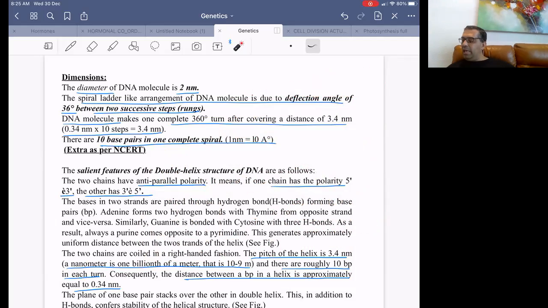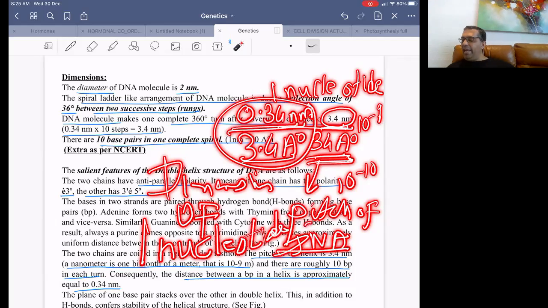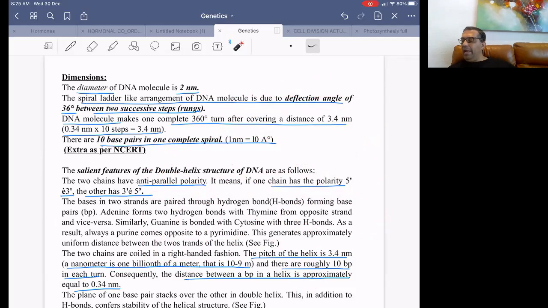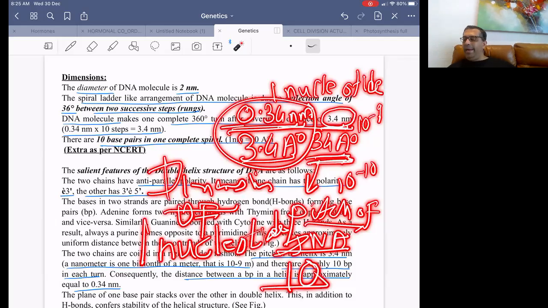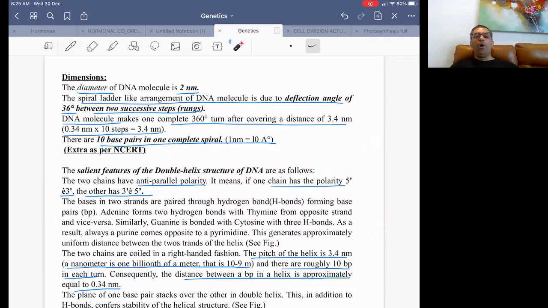How many nucleotides are there in one pitch of DNA? There are 10 pairs of nucleotides. So if 34 angstrom units is 10 pairs, then one nucleotide is 0.34 nanometer or 3.4 angstrom units.